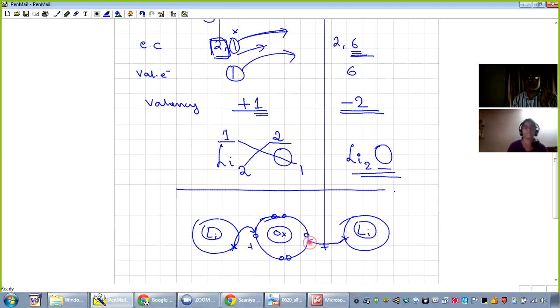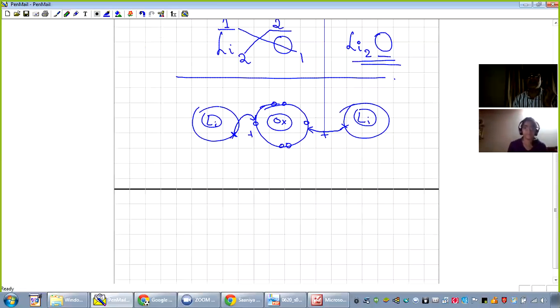This 1 electron will come over here. So oxygen will get 8 electrons, that is the octet state. And lithium will be remaining with 2 electrons in the last orbit, because when this 1 electron is gone, that orbit is full. I'll have to go to the next page. You can draw after combination what is going to happen.